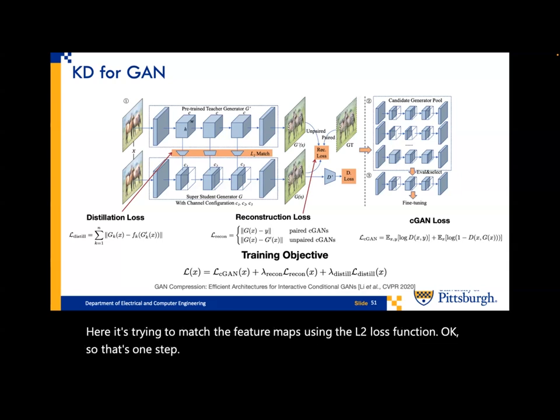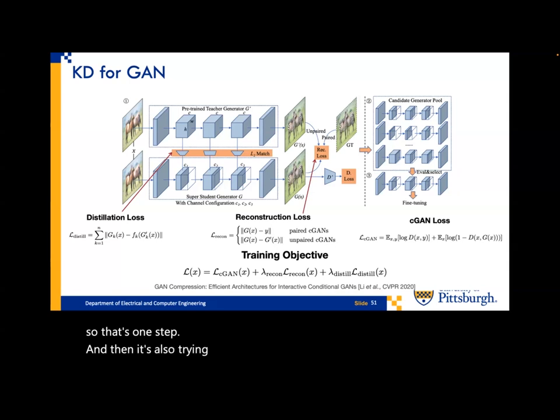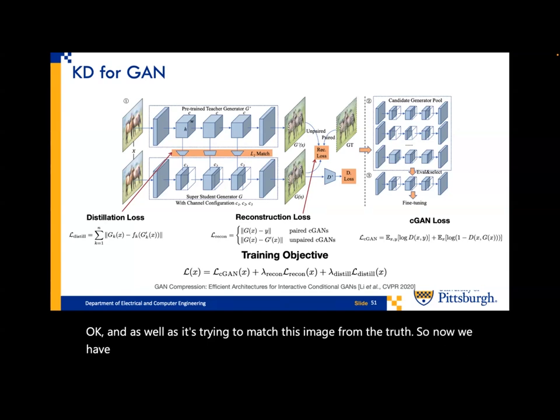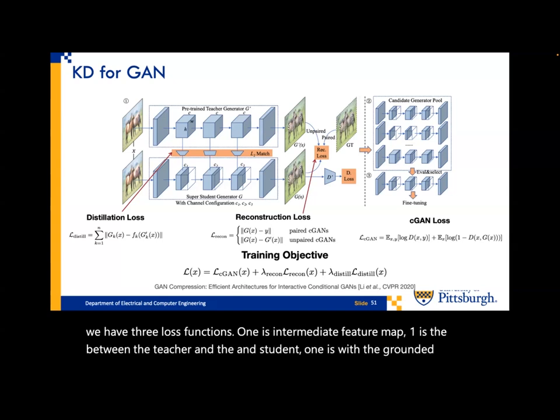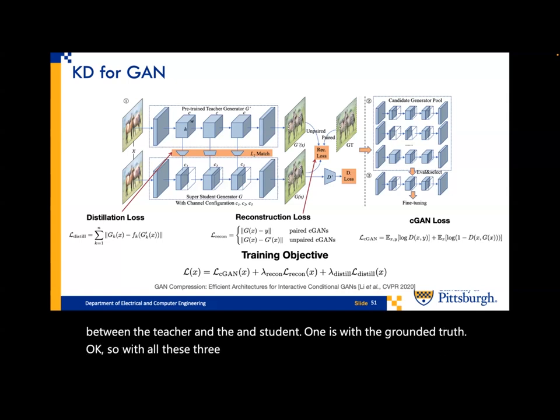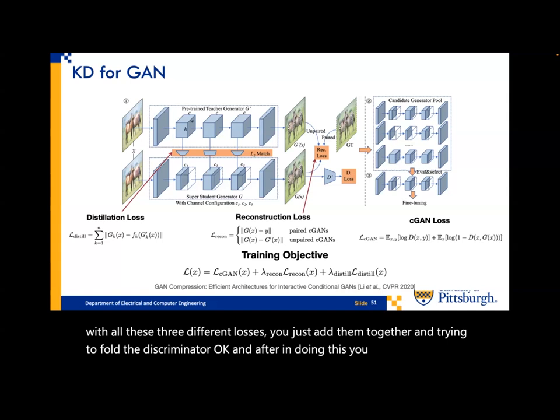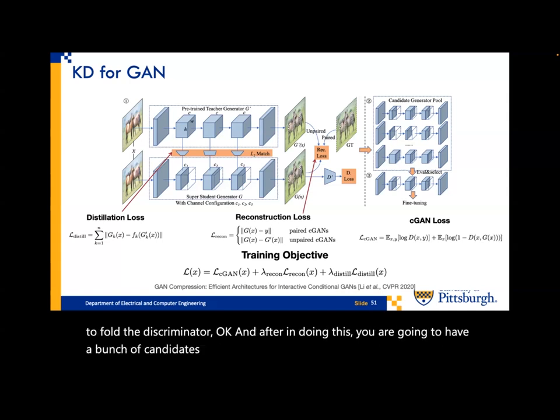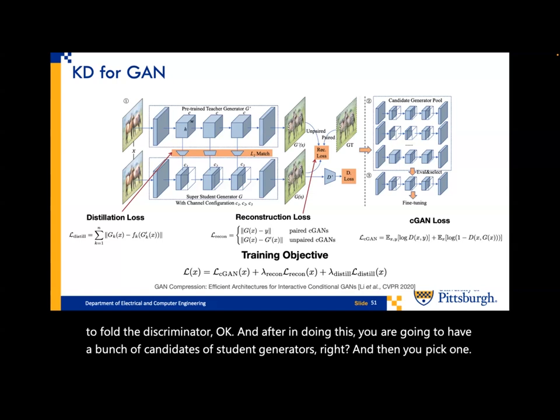And then it's also trying to match the output image with the teacher's image, as well as trying to match this image with the grounded truth. So now we have three loss functions. One is on the intermediate feature map, one is between the teacher and student, and one is with the grounded truth. With all these three different losses, you just add them together and try to fool the discriminator. In doing this, you are going to have a bunch of candidates of student generators, and then you pick one out of all these candidates. Make sense?